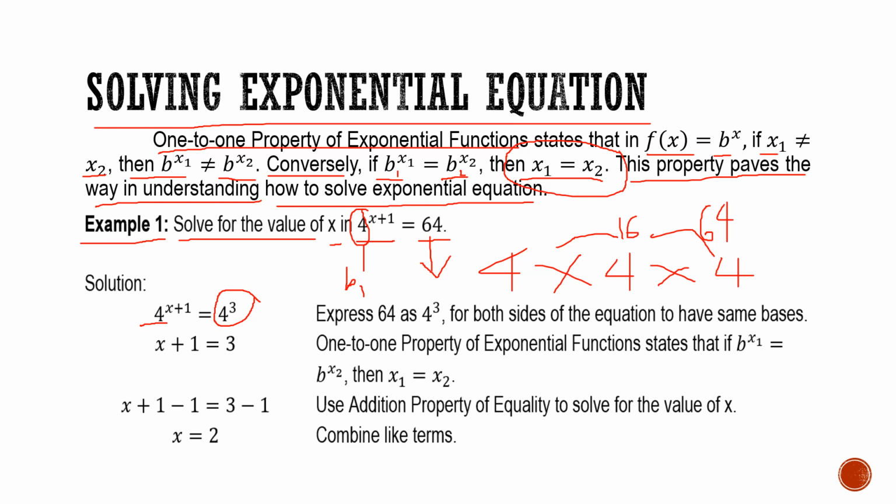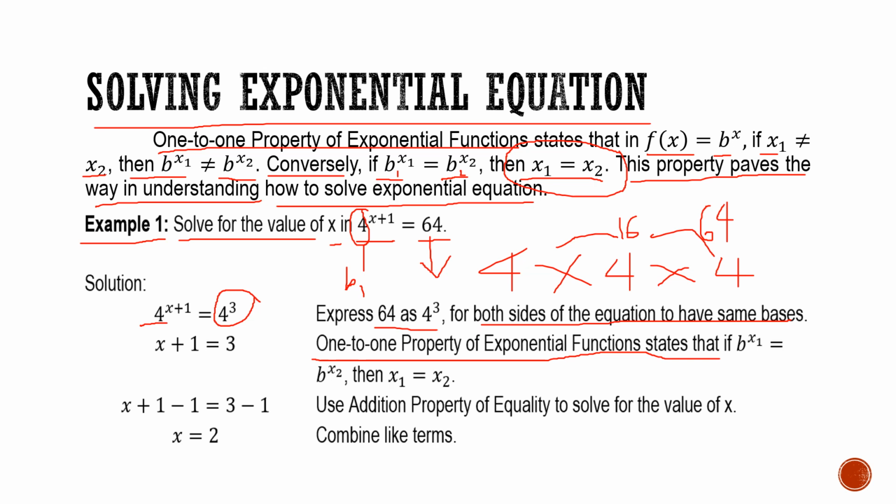As you can see here, it was stated that 64 is 4 raised to 3 so that both sides of the equation have the same bases. The one-to-one property of exponential functions states that if b raised to x sub 1 is equal to b raised to x sub 2, then x sub 1 is equal to x sub 2.